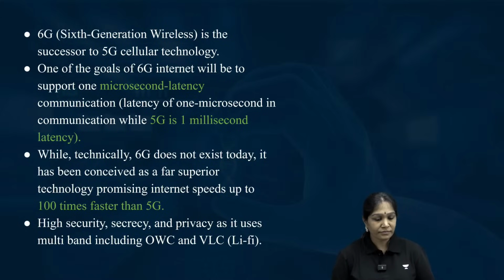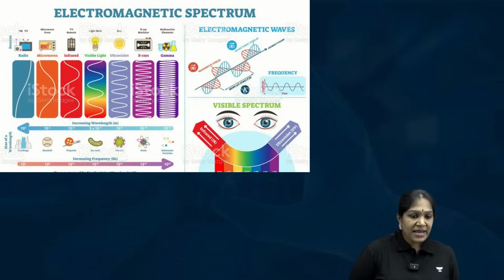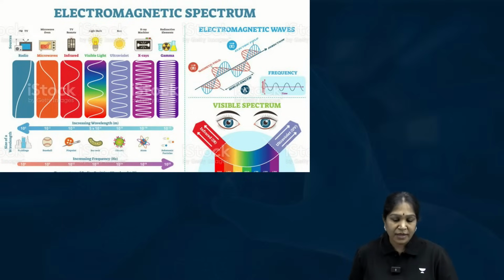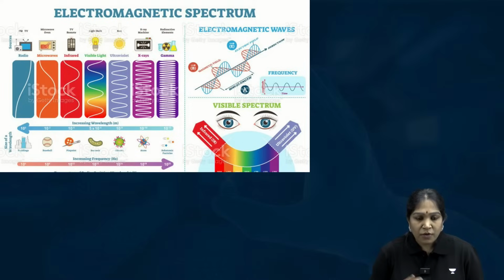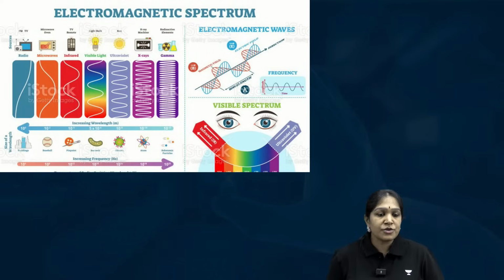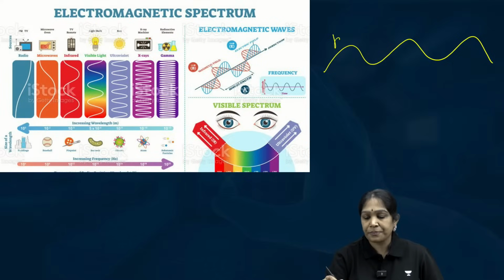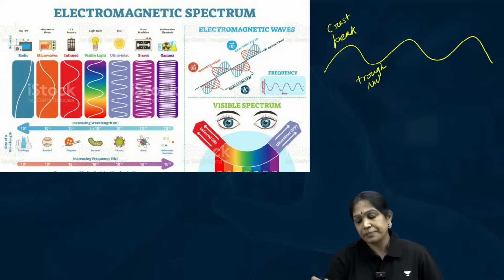Some basics, some concepts to deal with this question. First of all, these are all electromagnetic waves. Every wave will have a peak or crest and a trough or a null.